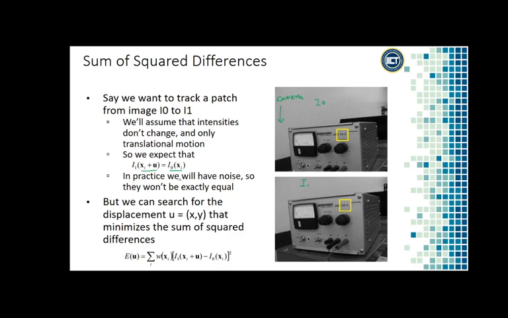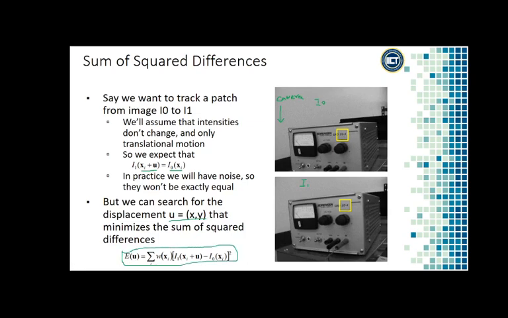In practice, we'll have noise, so of course they won't be exactly equal. So we will try to explain how we can reduce the noise and perform the same kind of operation. So what we can do is search for the displacement in the x direction and y direction that minimizes this sum of squared differences.